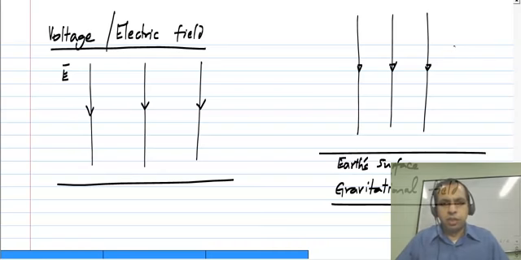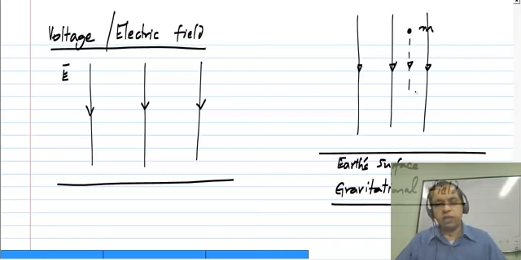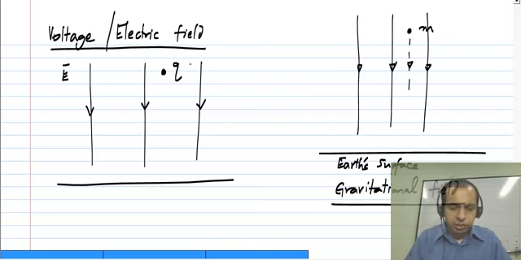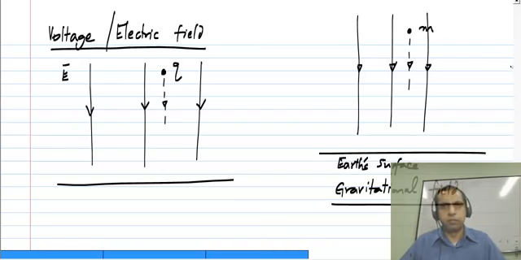Now we know that if we place a mass m in a gravitational field, of course it falls in the direction of the field. The field accelerates it. Okay. So similarly, if you place a charge q in an electric field, it will be accelerated in the direction of the electric field.